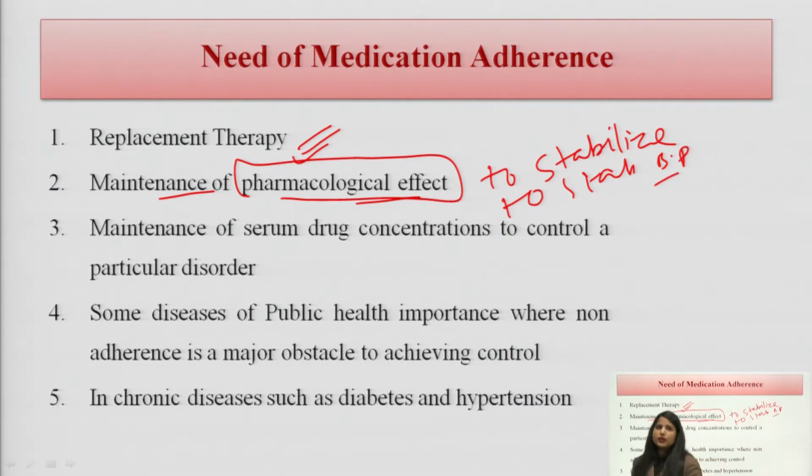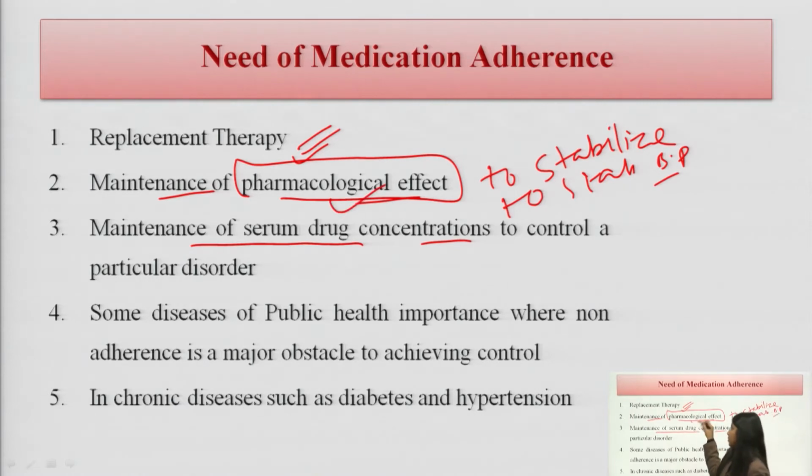So, to maintain the pharmacological effect, it is very important to adhere to the therapy. Now, maintenance of serum drug concentration. Of course, when there is a balance in the concentration which the body actually wants, ultimately the pharmacological effect will be seen.